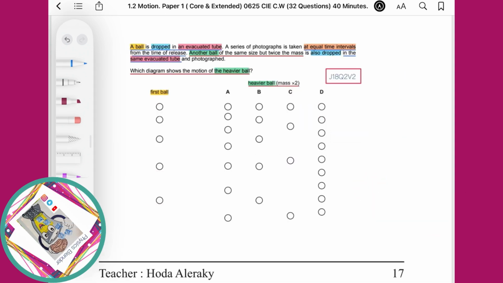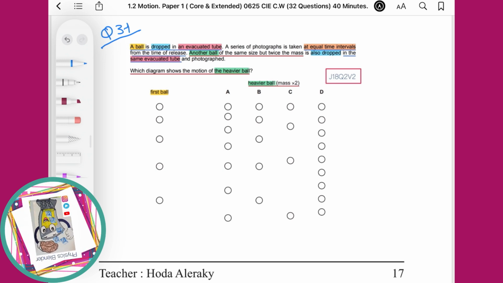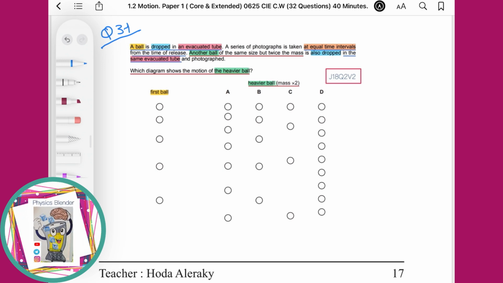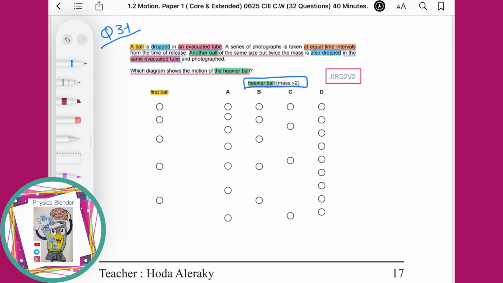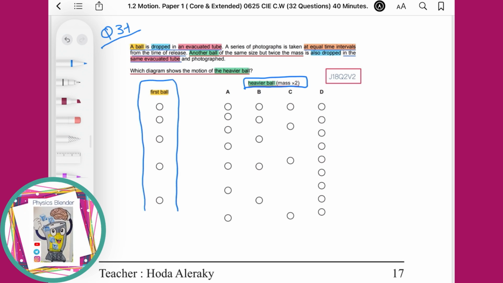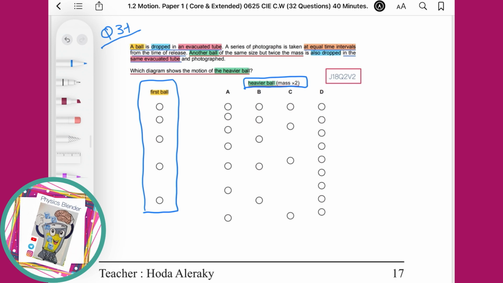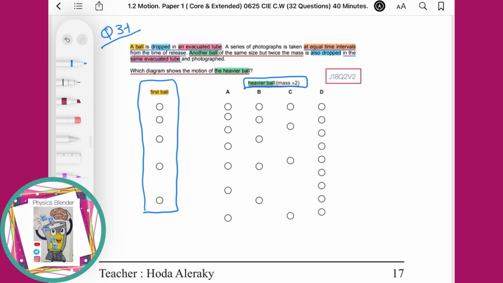An evacuated tube. We have here question 31. And we have another ball, same size but twice the mass. We have here a heavier ball. Which diagram shows the motion of the heavier ball? This is the motion of the first ball, and we would like to compare what will happen to the heavier ball.